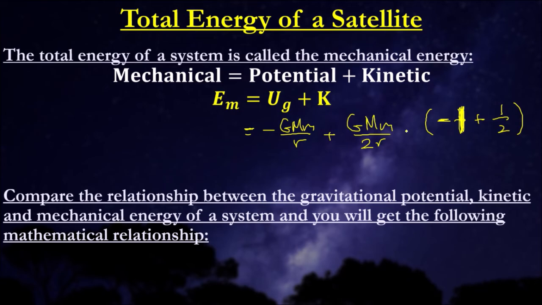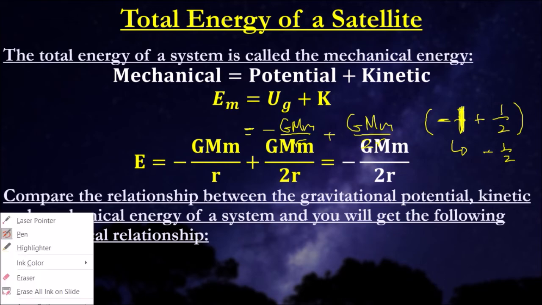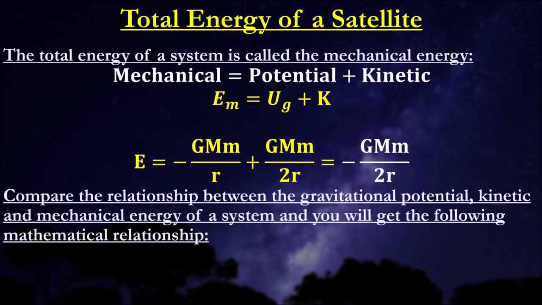By that count, the total energy of our satellite would be negative a half, and that's represented by our formula here. So this formula here, negative GMm divided by 2r, is the total energy that a satellite would have in its circular orbit.